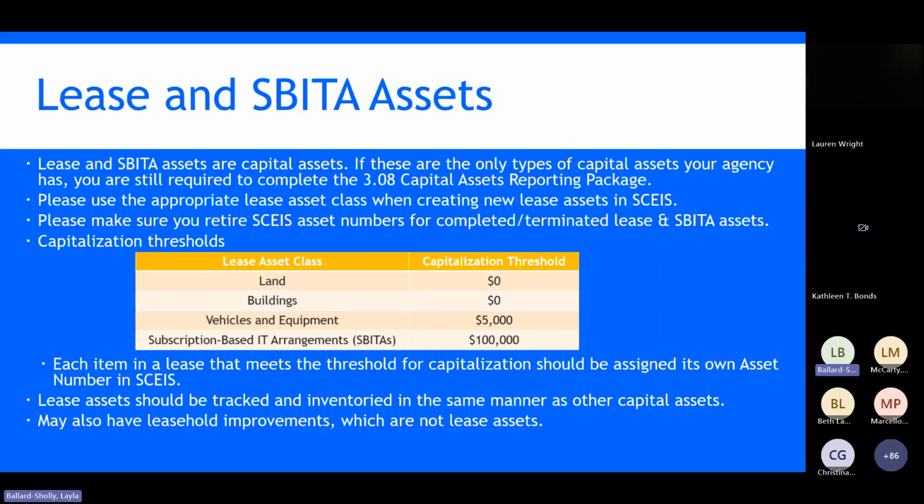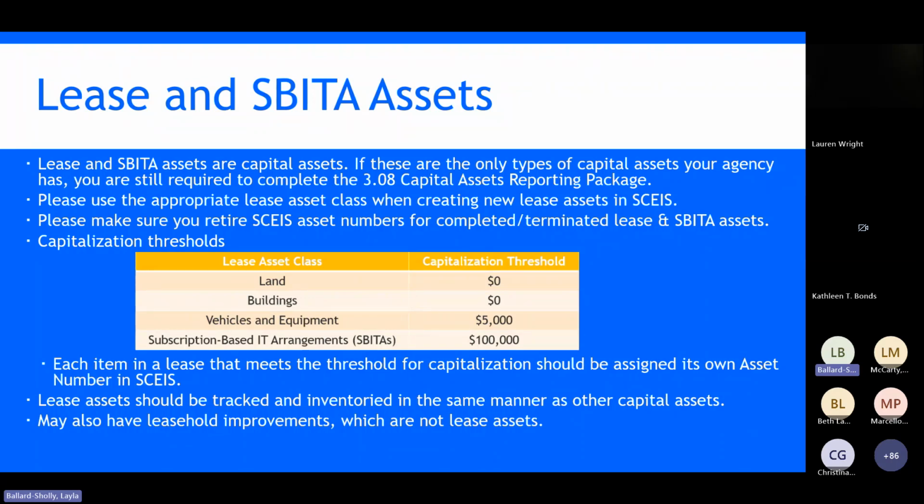Last thing I want to mention is you might also have leasehold improvements. It says lease in the description. These are not lease assets. These would be more things that you're paying for out of pocket in addition to your normal lease payments. And it's kind of a quasi ownership until the lease ends.